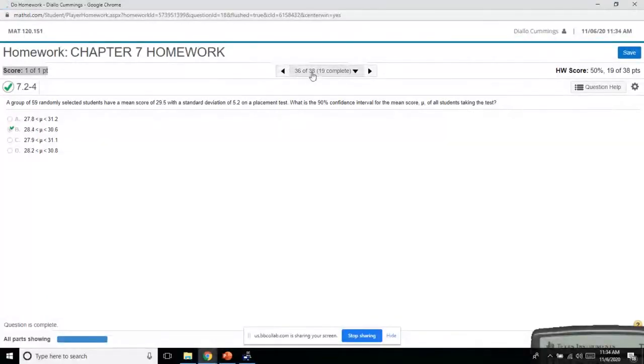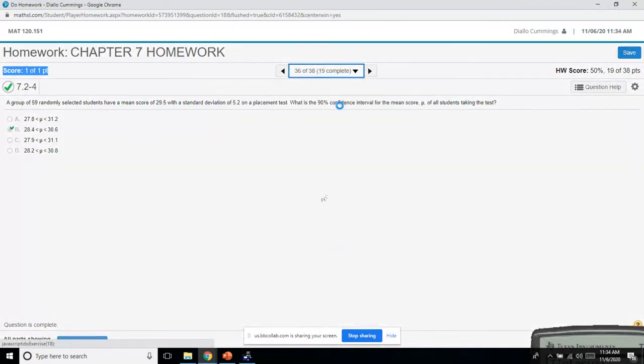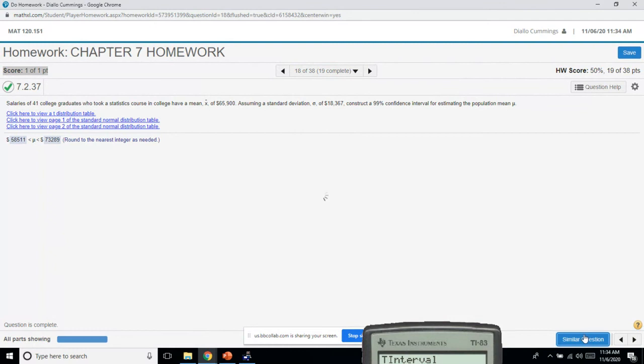We'll also take a look at problem number 18. And in problem number 18, it reads, the salaries of 33 college graduates who took statistics courses in college have a mean salary of 60,700.